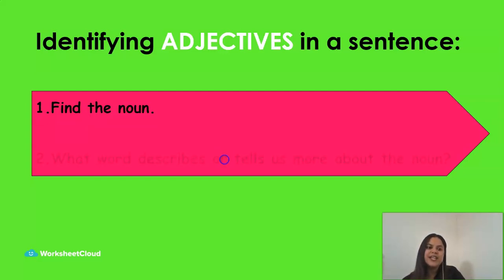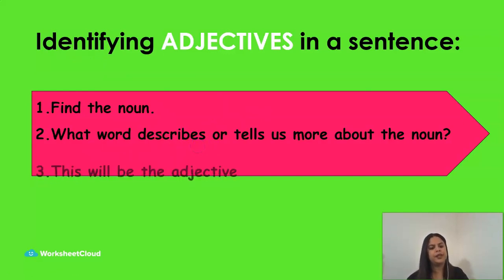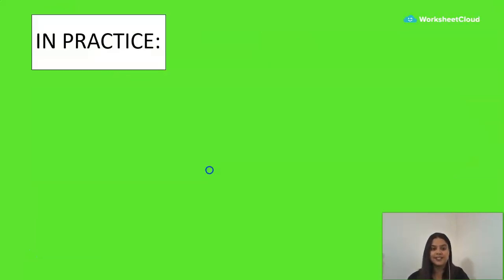Naming words. Secondly, what word describes or tells us more about the noun? We ask ourselves that question. So basically we look at the sentence and see where the noun is, and then we ask ourselves what tells us more about this noun. And this will be the adjective. Let's do it in practice.